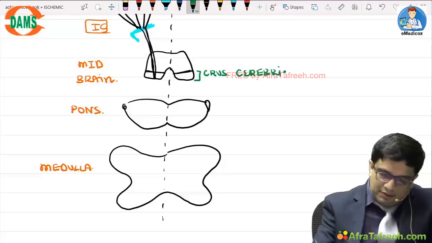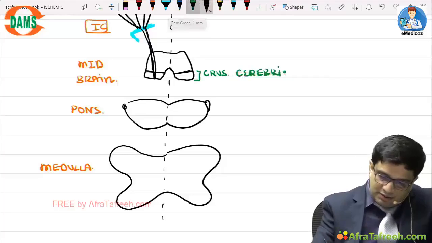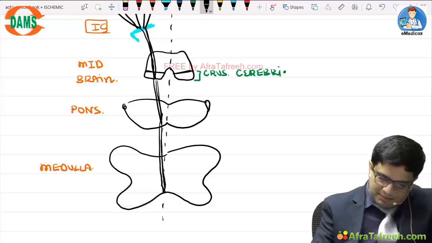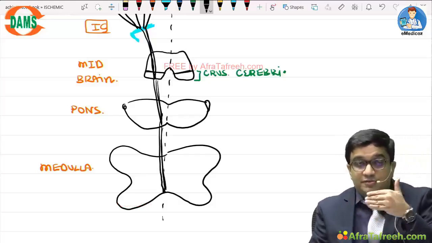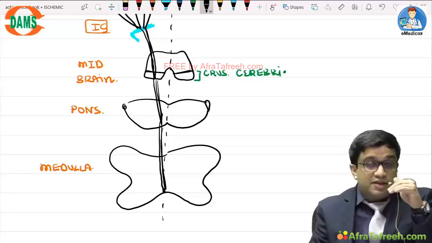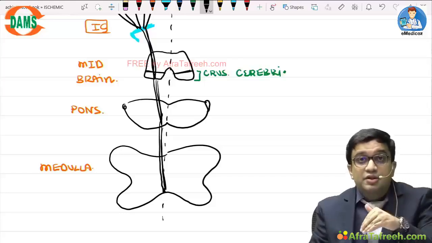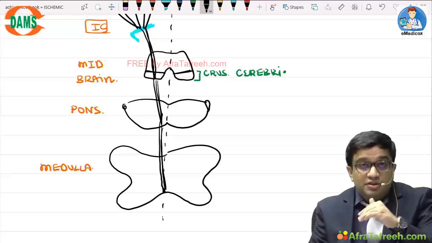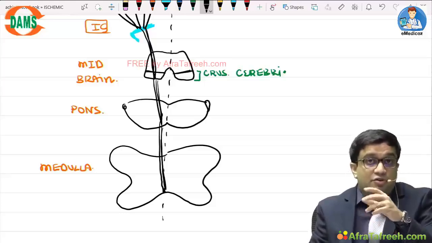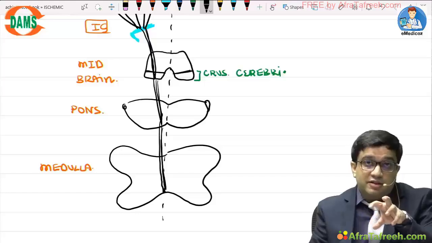Finally all this is again going to come down to the level of pons, finally reaching the medulla like this. So one thing we understand from this diagram: when the corticospinal pyramidal tract is descending downwards in the brainstem, it tries to converge itself medially, one, and always places itself anteriorly, right?